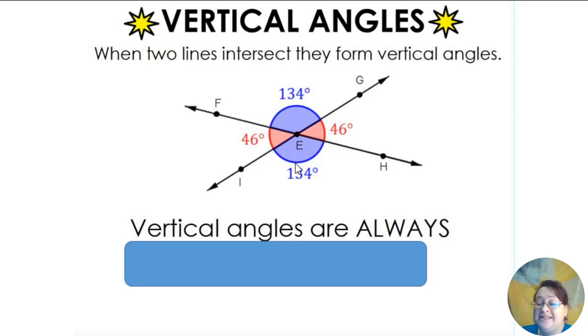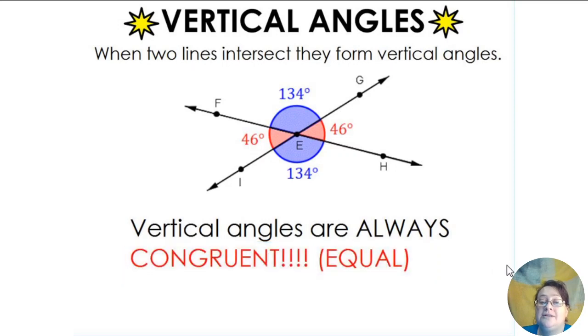Now, this happens every single time. Always, the angles across from each other, these vertical angles, are the same. So they are always congruent. You see here also FEI is 46 degrees and GEH is 46 degrees. Again, every single time with every set of intersecting lines, vertical angles, the opposite sides, are congruent.